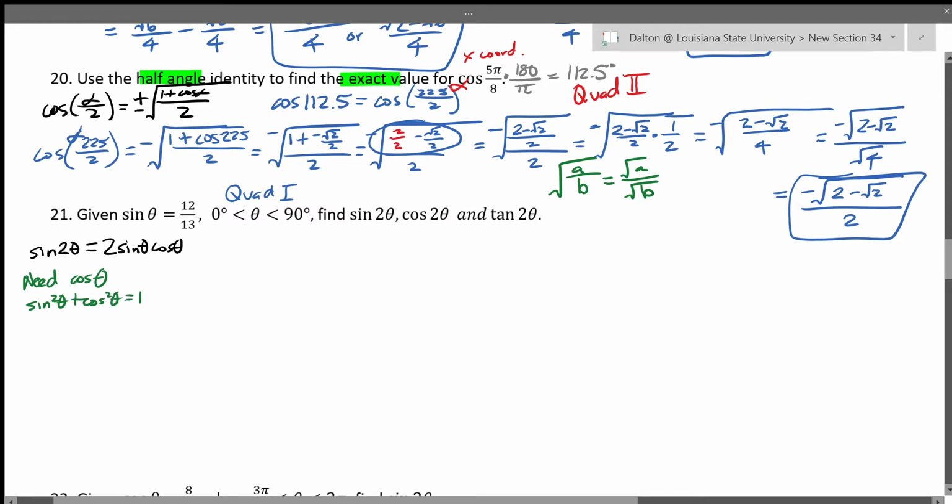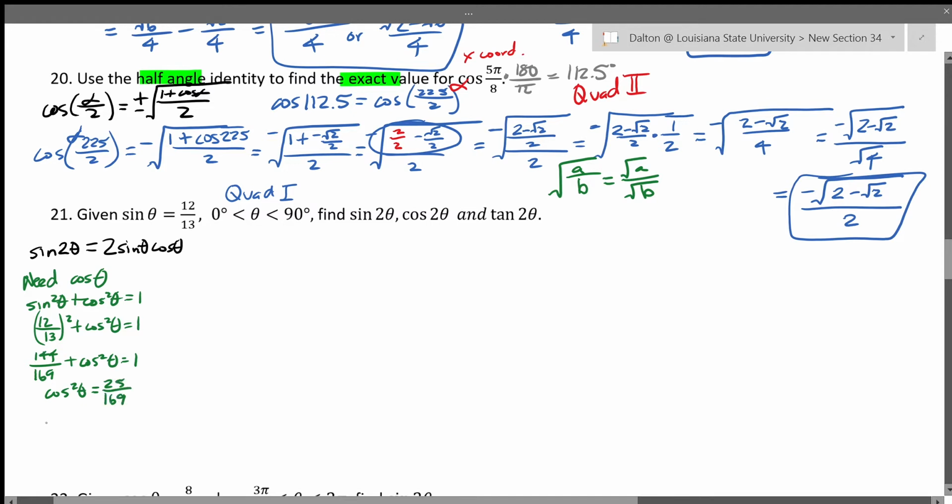Therefore, if I plug in, sine of theta is 12 over 13 squared plus cosine squared theta equals 1. I can solve for cosine. So 12 over 13 squared is 144 over 169 plus cosine squared theta equals 1. If I subtract 144 over 169 from both sides, I'm left with cosine squared theta equals 25 over 169.